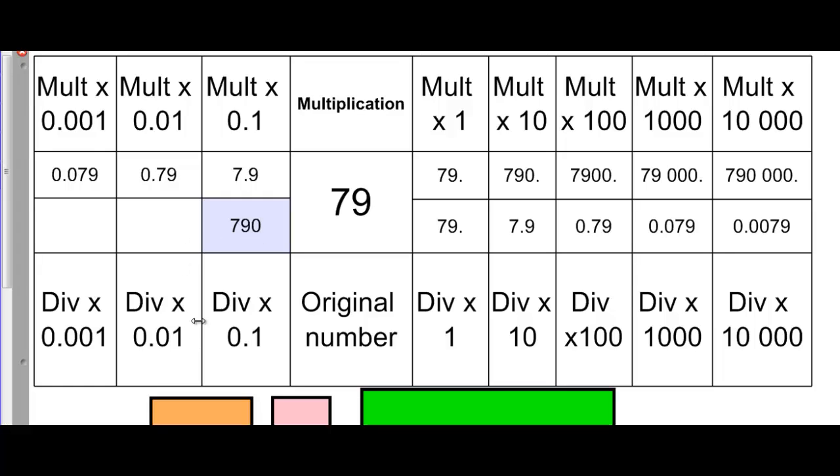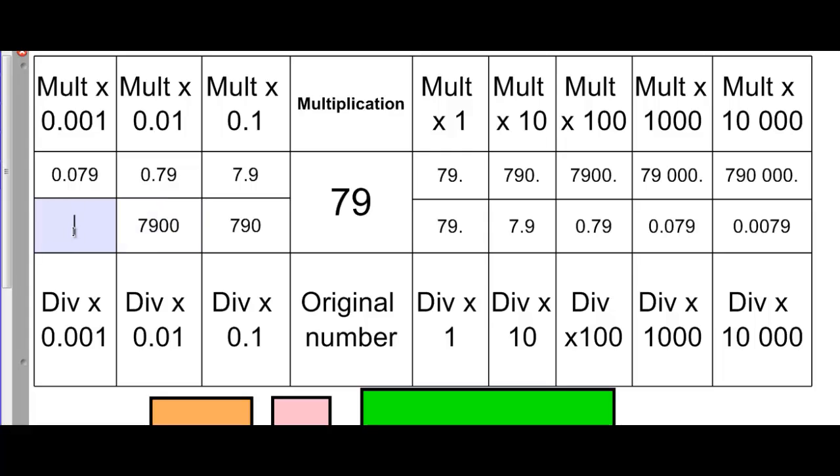And so it's going to become 790. If you divide by 100th, there are 2 placeholders, so you're going to move that decimal 2 spots to the right, and you're going to end up with 7,900, which is the same as if you multiplied by 100. So dividing by 100th gives you exactly the same answer.